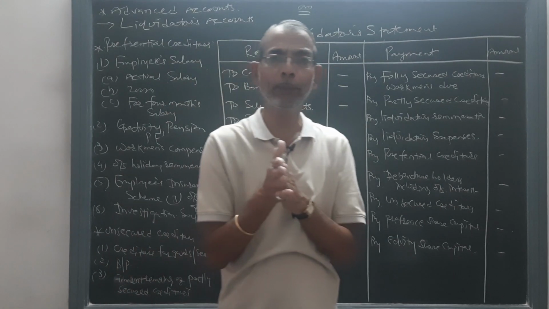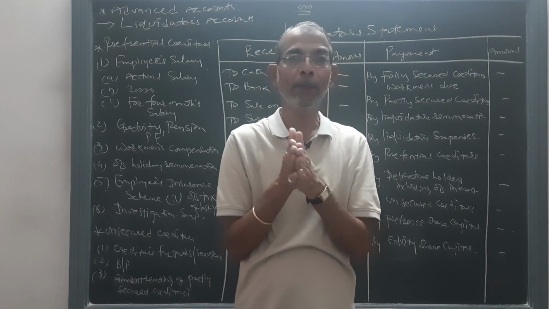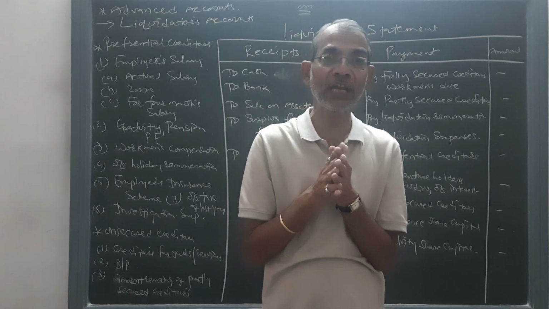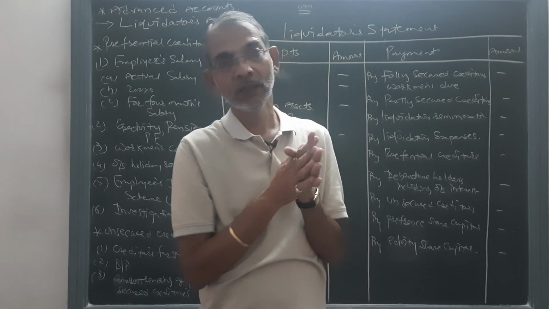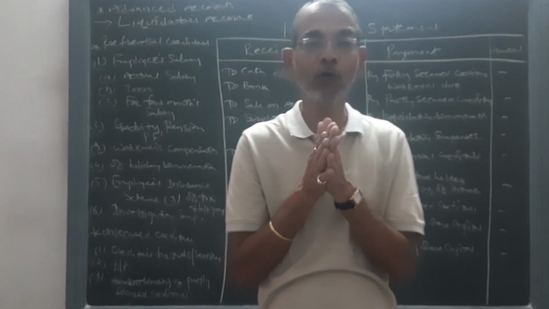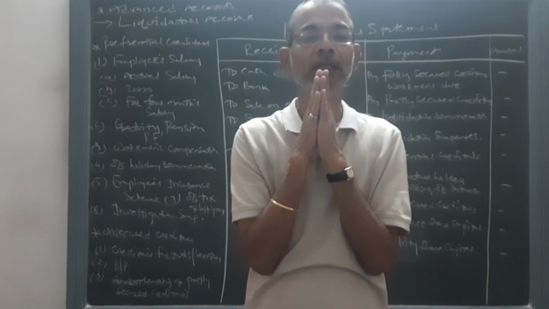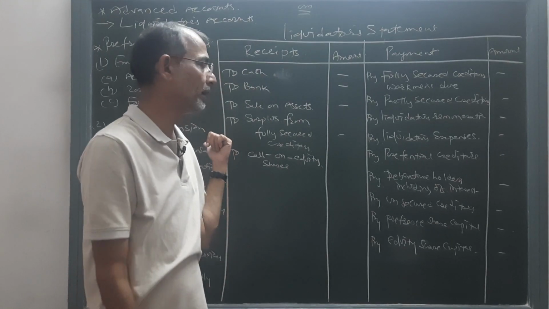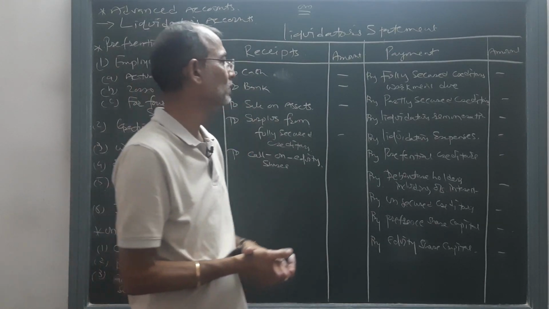And fully secured means the bank has sanctioned a loan of 10 lakh, suppose, and it has mortgaged a building of 15 lakh. That means if the bank wants to recover its loan, it sells the building, recovers its 10 lakh, and the surplus 5 lakh will be returned to the liquidator.